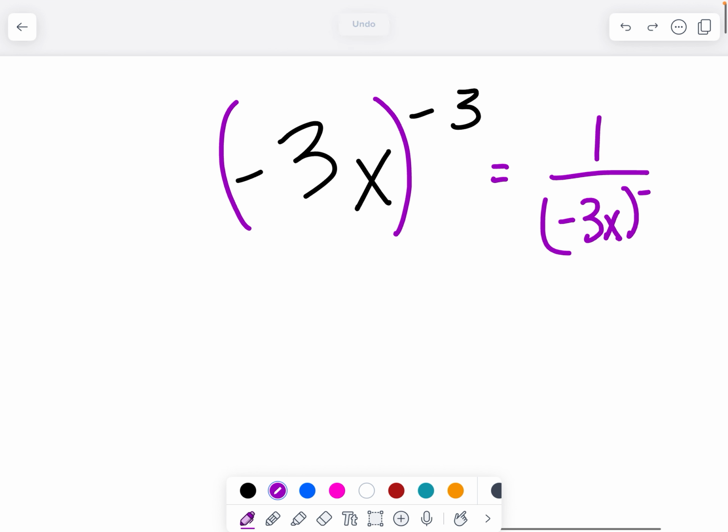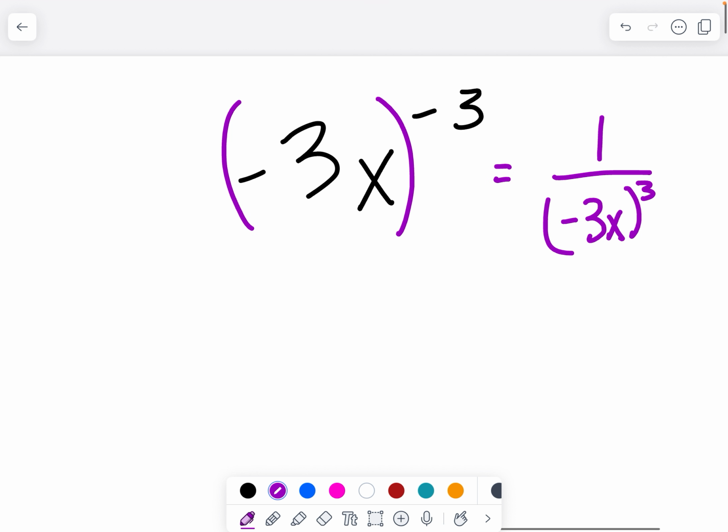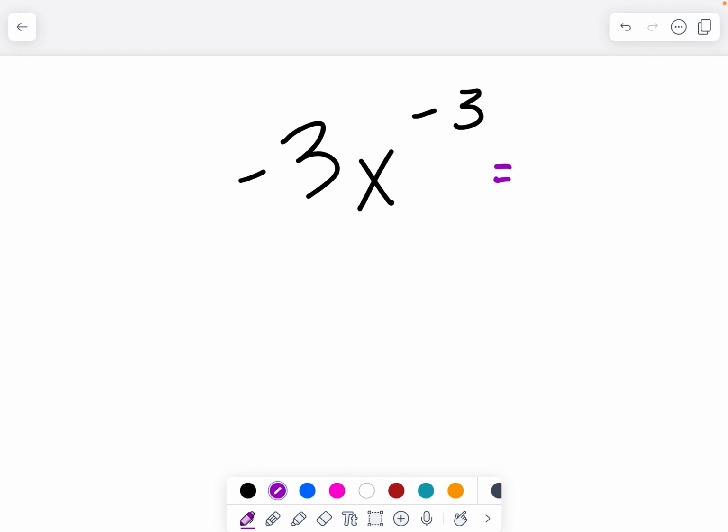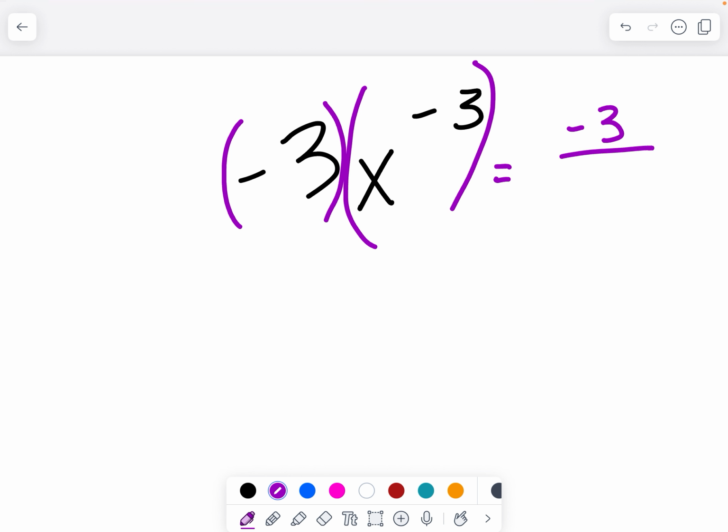Oh, that was messy. But they did not. That's not correct. Wrong. Yucky. So this is its own thing, and this goes together. So the -3 stays on top, and this goes down below. So it goes x cubed.